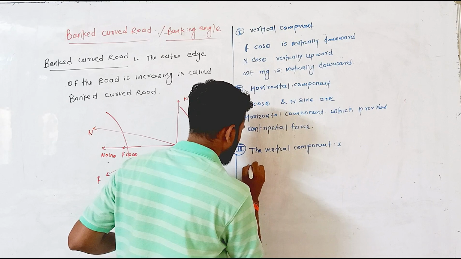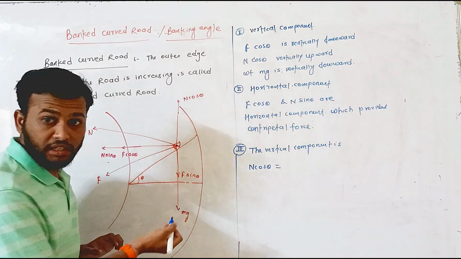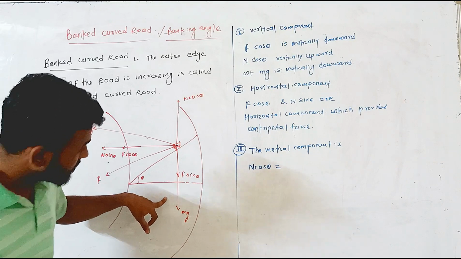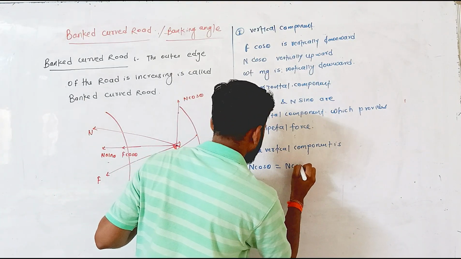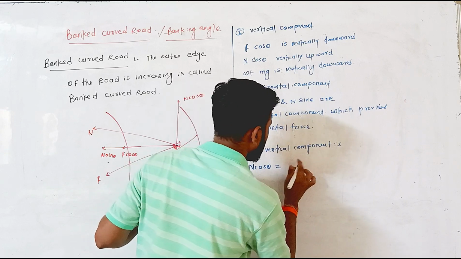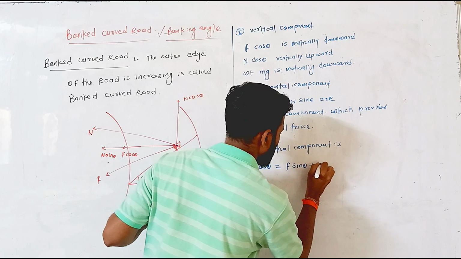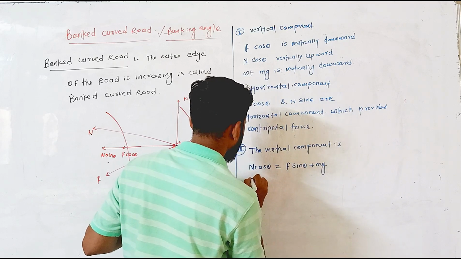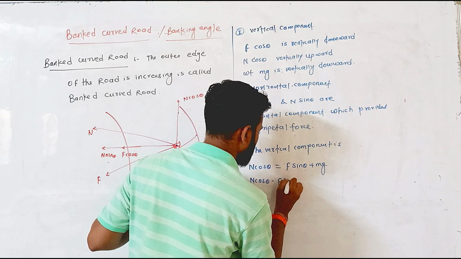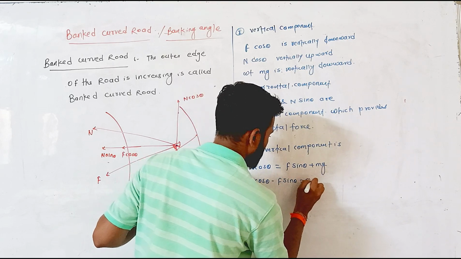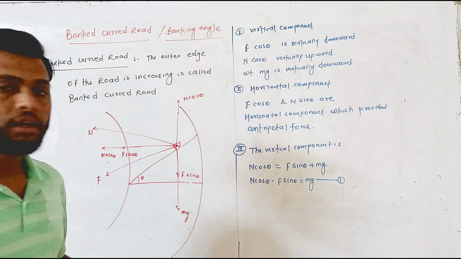N cos theta equals F sin theta plus mg, since these are in opposite directions. How can we write this? N cos theta minus F sin theta equals mg. We take this as equation number 1.